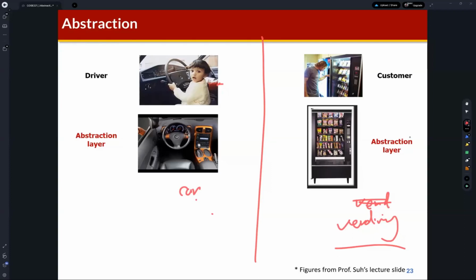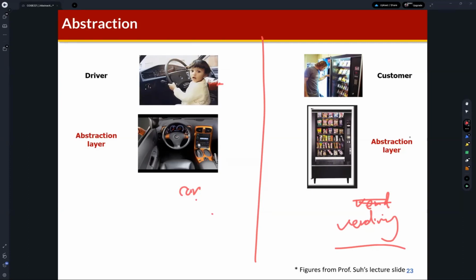But which knowledge is required for driving a car? We can change the direction of a car using the steering wheel, and if we push the acceleration pedal, the speed is increased.